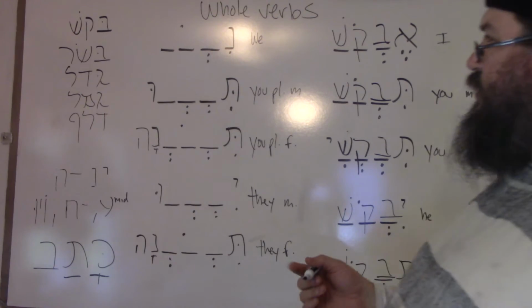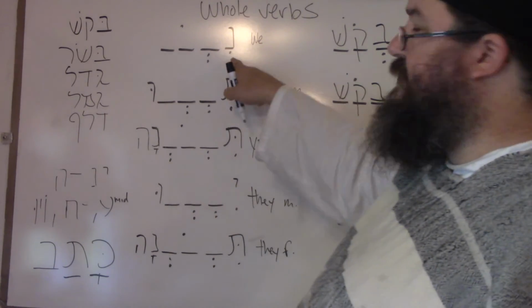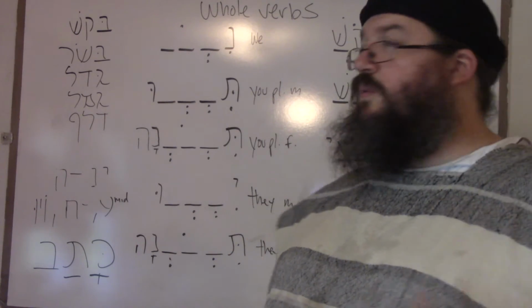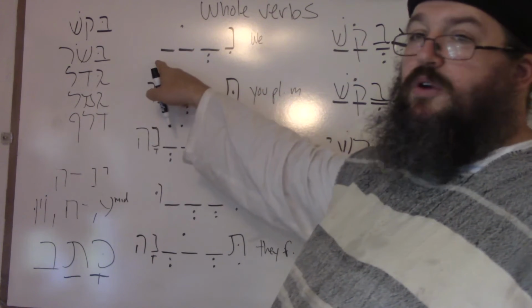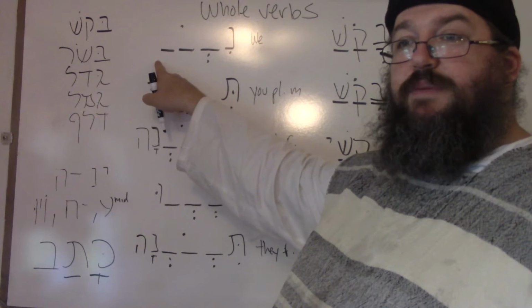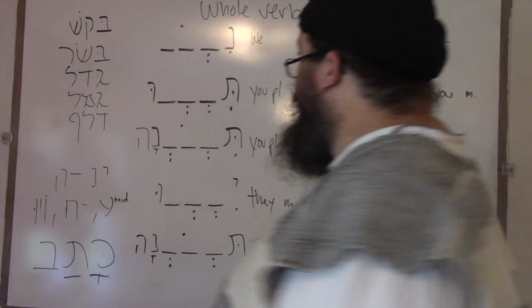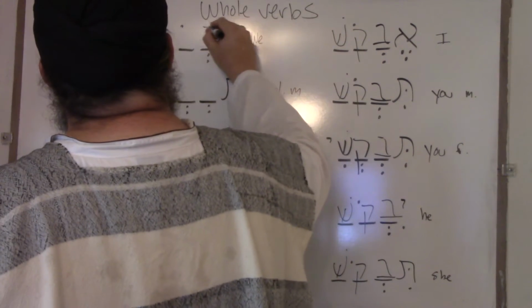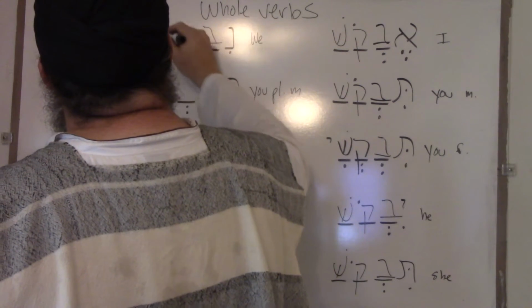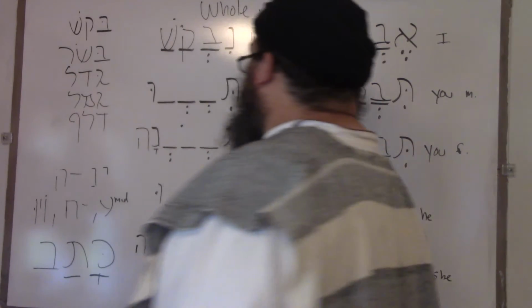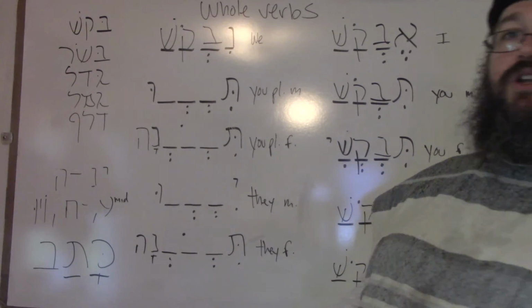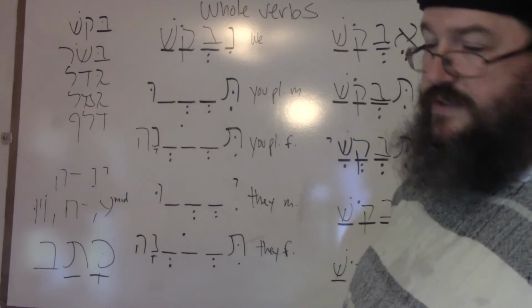Okay? So here, the nun represents the pronoun we. Of course, once again, we have our three open spaces. And when we put the bet here, and the kof, and the shin, what do we have? Niv kosh. We will seek.